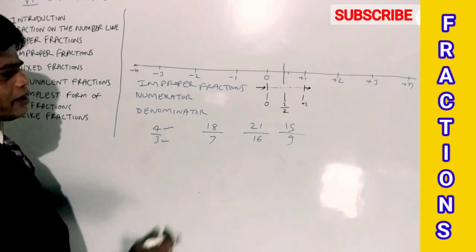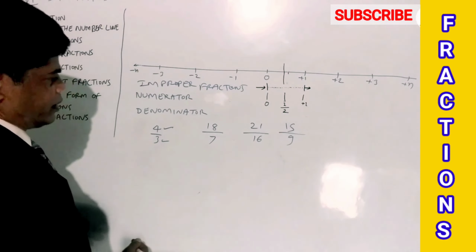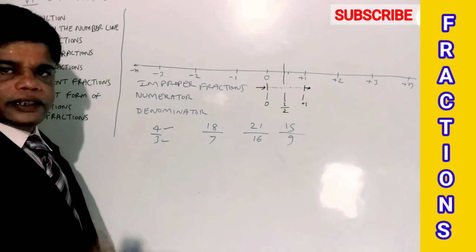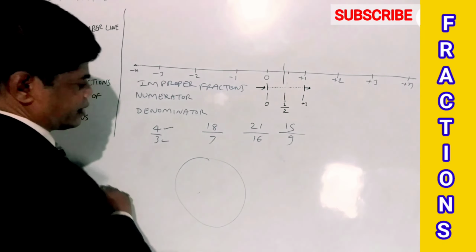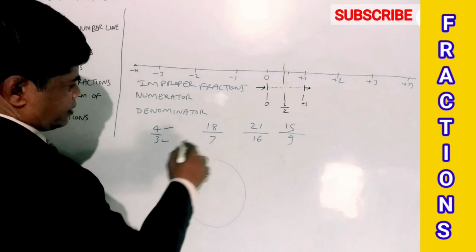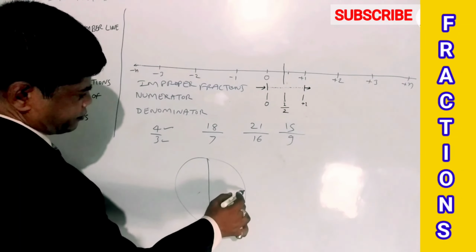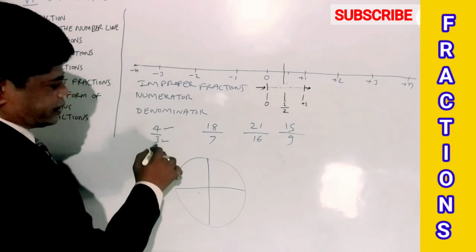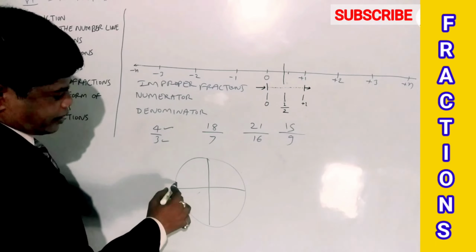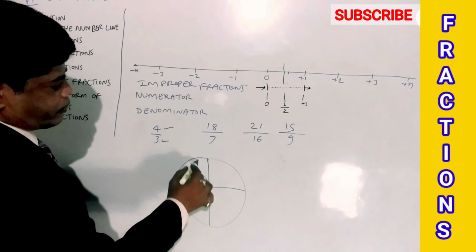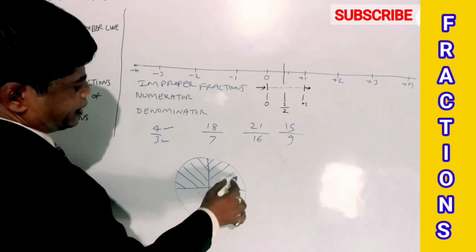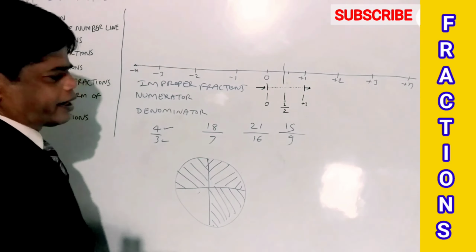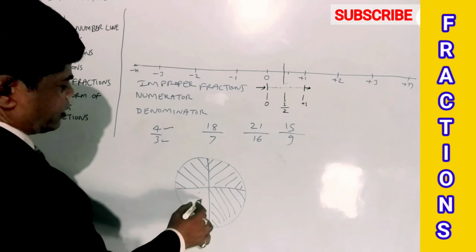How can we have examples? Again I will take the example of a circle. Here a circle is there. I am dividing the circle into 4 parts. Based on our requirement, we are taking these 3 parts, but we are not taking this one.